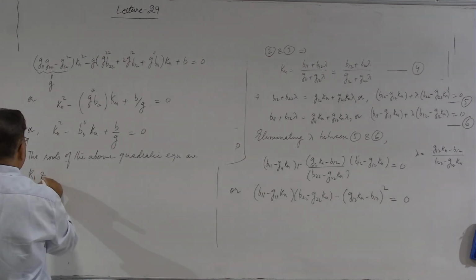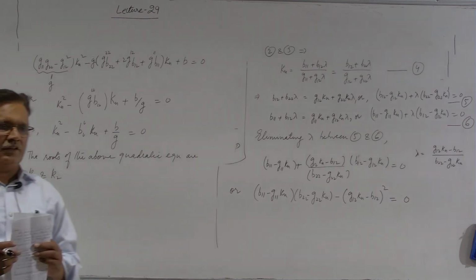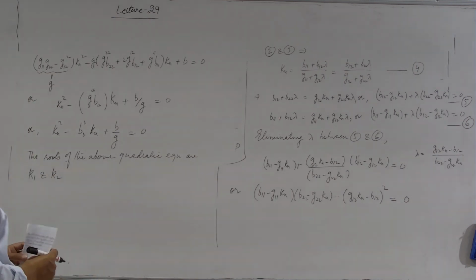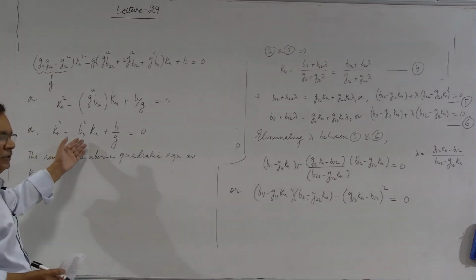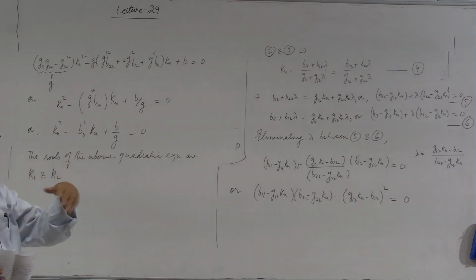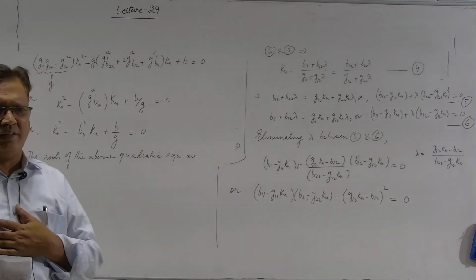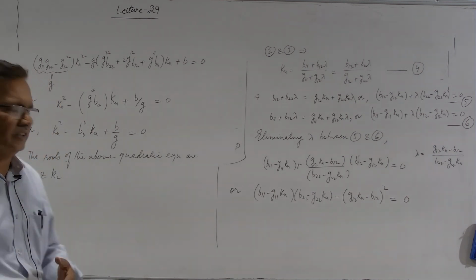So if you are interested in finding the principal curvatures, what you need to do is find the roots of this quadratic equation. That will give you the maximum and minimum values of the normal curvature, which are precisely the principal curvatures.